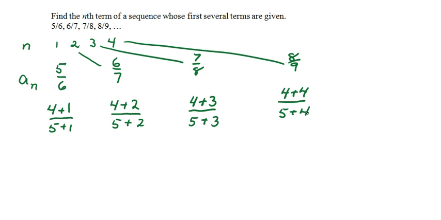So this is for n equals 1, 2, 3, and 4. So in general, I would see that one of the representations of the general term would be the quotient of 4 plus n over 5 plus n. Now there may be others. This is the one that I happen to see first.